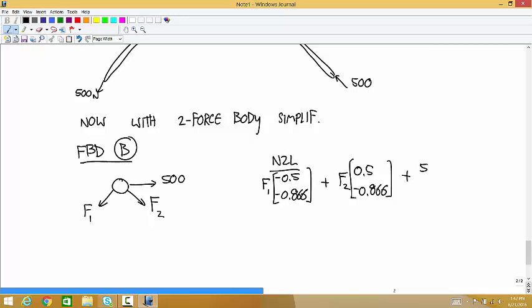Then we have this force vector 500, 0, and that's equal to zeros.